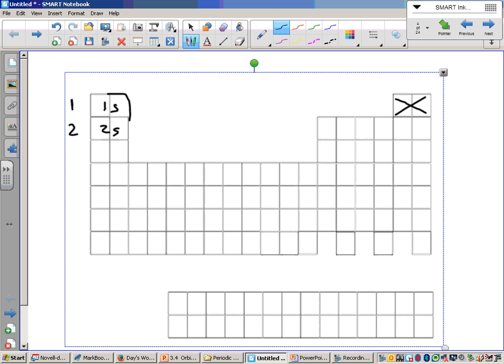And that's because of the orbitals we're filling. As we move across the periodic table, there's 1, 2, 3, 4, 5, 6, and the p subshell can hold 6 electrons. Because this is in the second row and it's got 6, these are my 2p orbitals being filled.